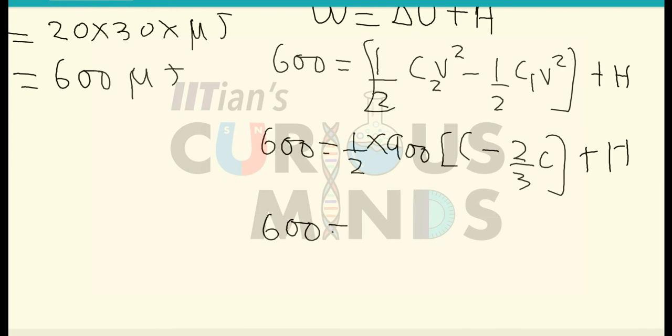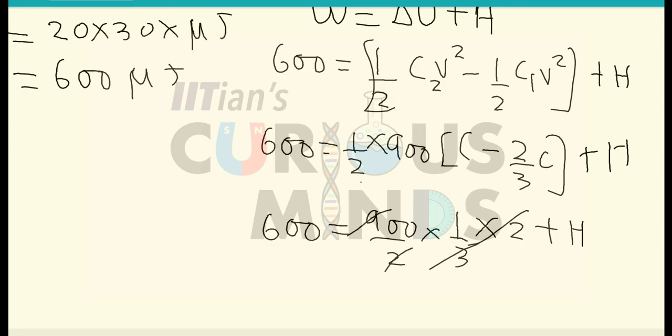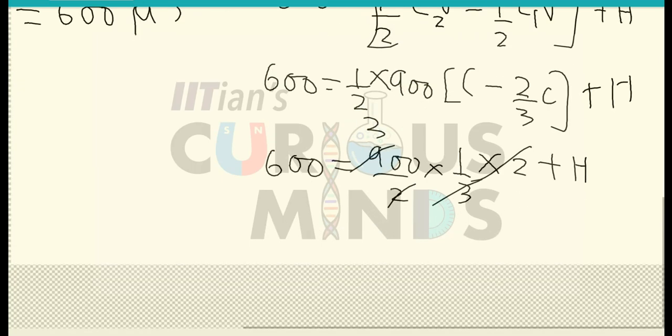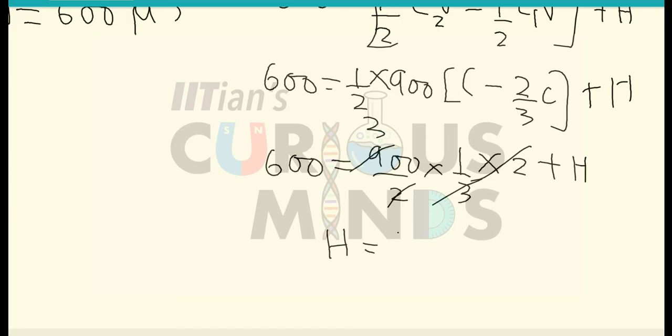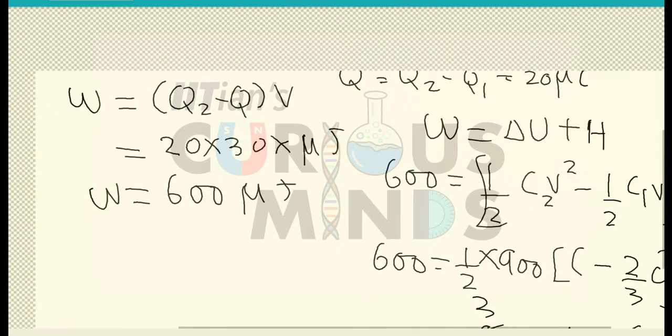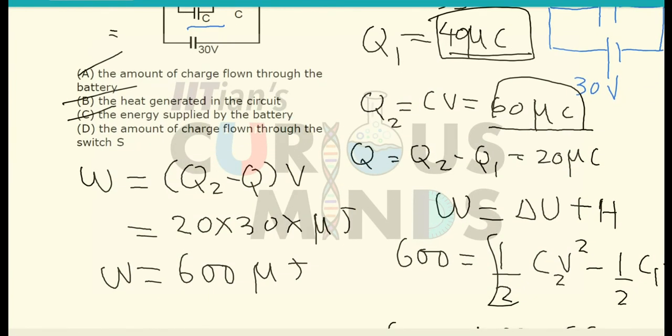So 600 is equal to 900 divided by 2 into 1 by 3 into C, and C is given as 2, plus H. So 2 and 2 will get cancelled, 900 divided by 3 will be equal to 300. So the heat developed will be equal to 300 microjoules. This is the heat developed in the circuit, so I have found out the answer for the B2.